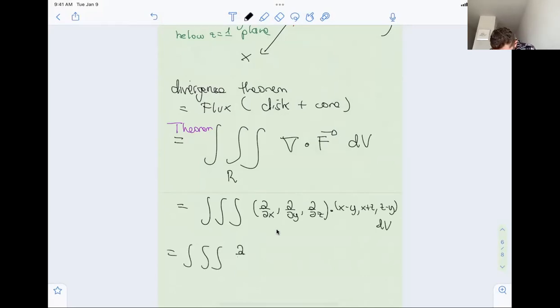So what do we get? Obviously, you can do this, you don't have to be writing the integrals every single time. You can do the divergence first to not repeat so many integrations.